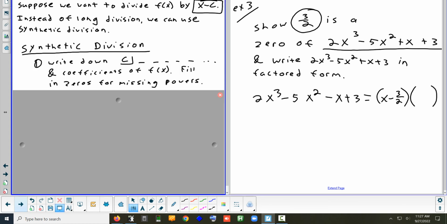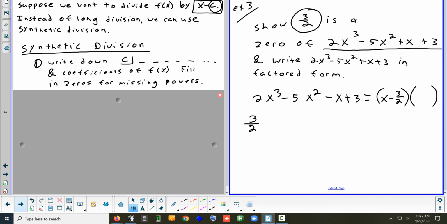So first step is we write down the number that comes after the minus sign. What's the number that comes after the minus sign in our factor? 3 halves. So we're going to put 3 halves on the outside of a symbol. And you don't write any letters when you do synthetic division.